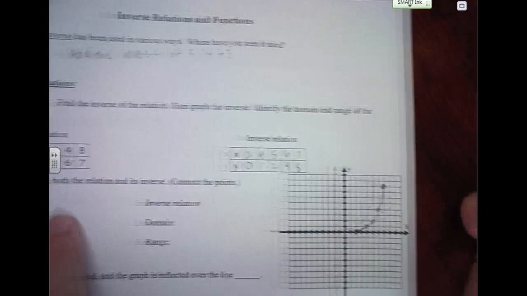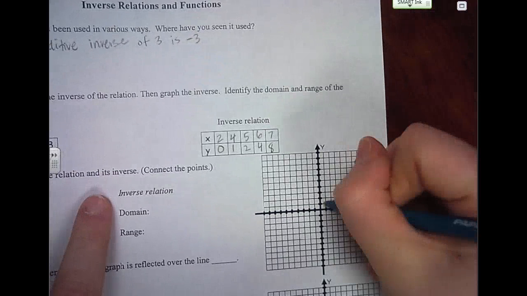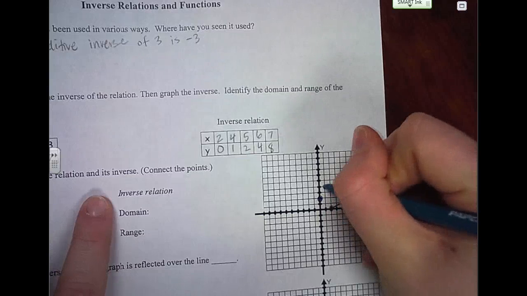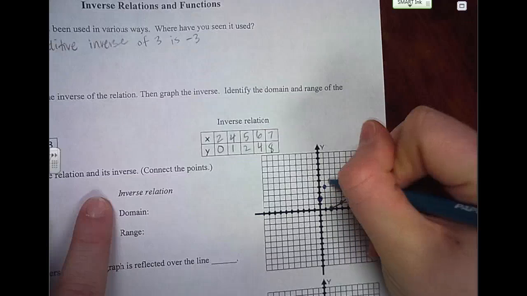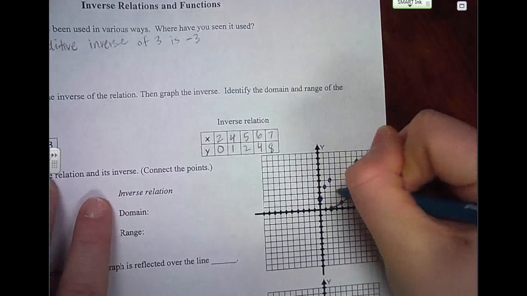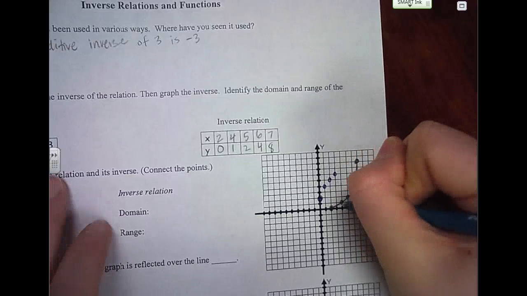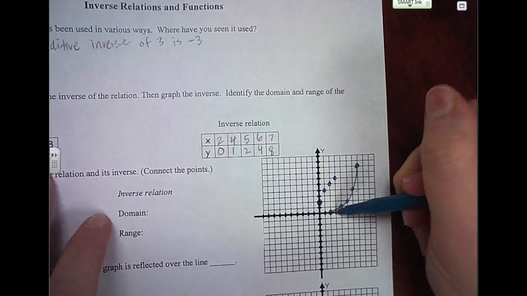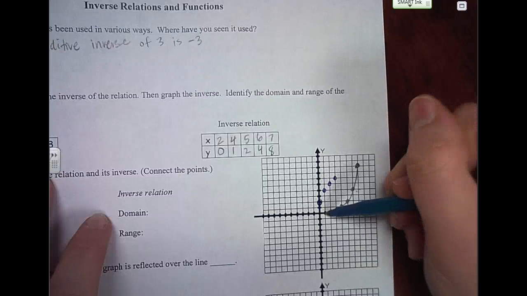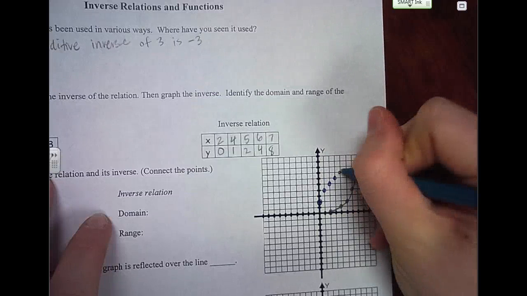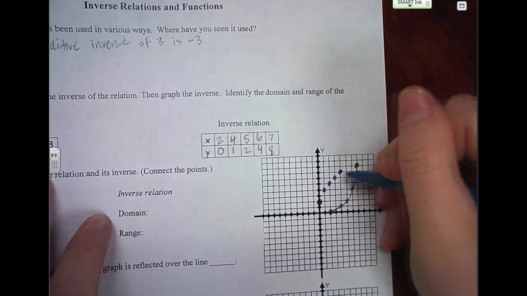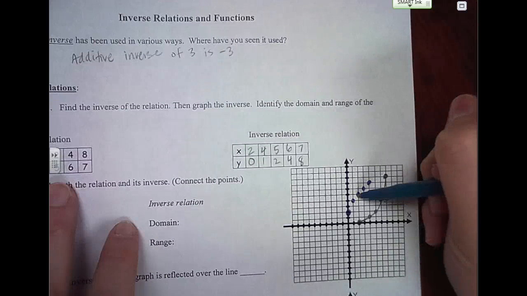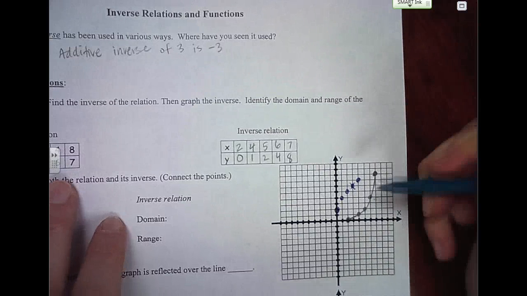So the relation is this set of points over here. 0, 2, 1, 4, 2, 5, 4, 6, and 8, 7.